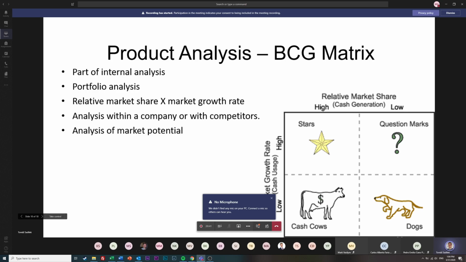Only if the rest of the quadrants are stagnating for years can we say that the product is still a question mark, even though it was presented on the market 10 years ago. So typically we assume that a question mark is a rather newer product that's been presented on the market recently.